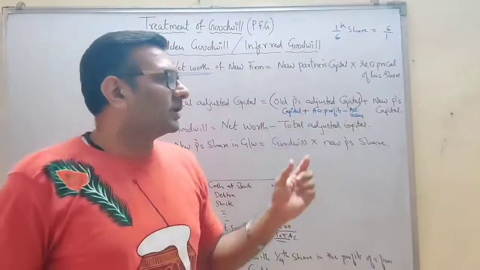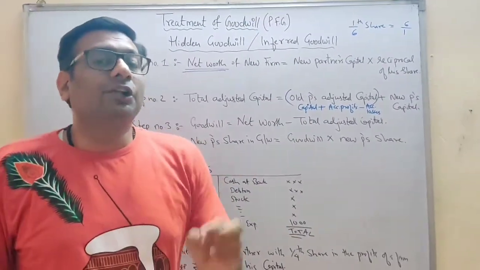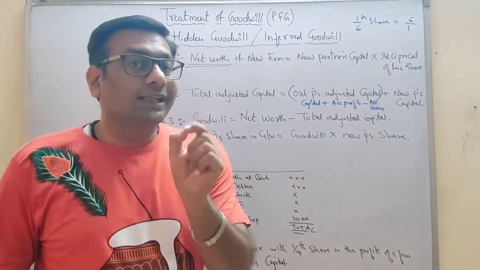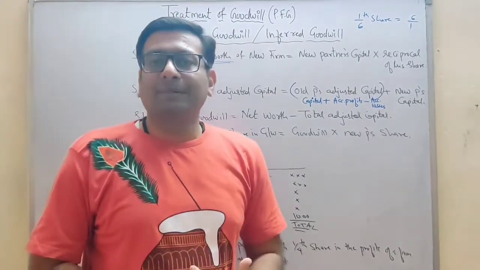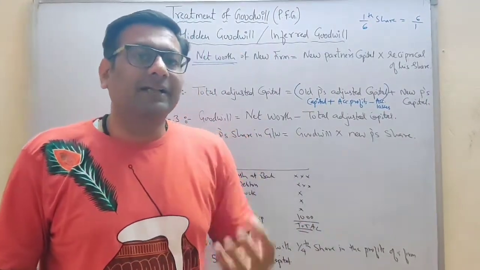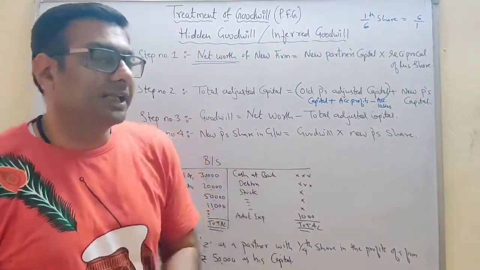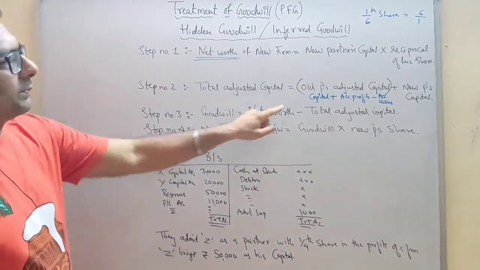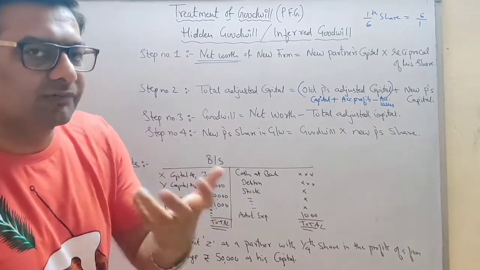I hope students you are taking down these notes. Just don't watch the video. Sit with your notebook and pen, and note down all the important points which I am saying, because later on you will forget. When you are copying all 4 steps, copy down whatever I am adding later with a different color of ink.